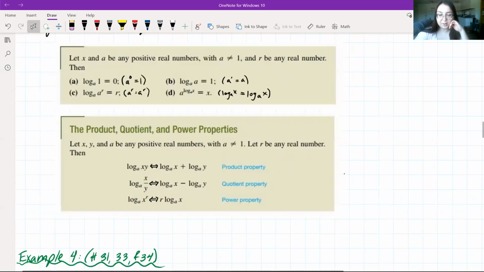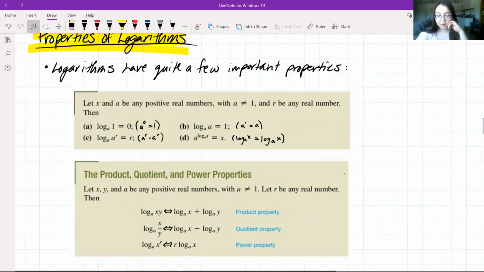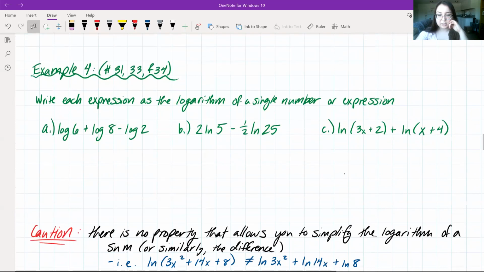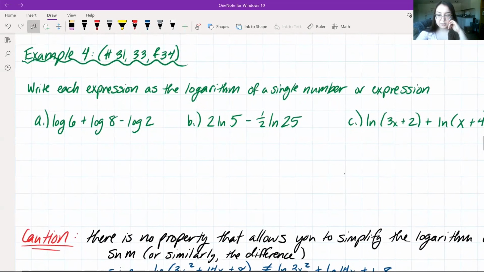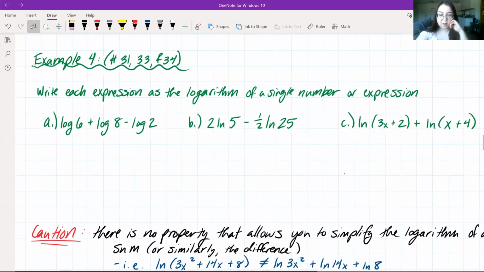All right, now that we've learned some of our properties here of logarithms, we can try a few out. So for example 4 here, we're going to write each expression as the logarithm of a single number or expression. So we're going to use our properties to combine all of our logarithms into one logarithm of a number or expression.